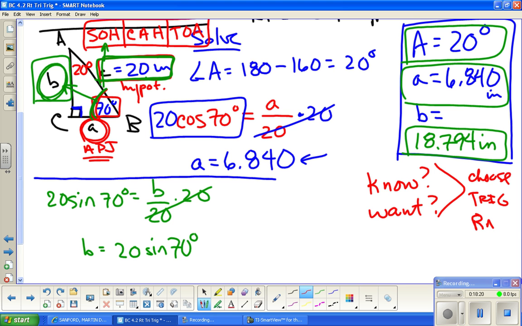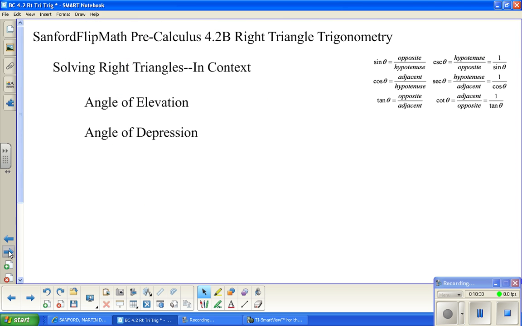Sometimes you will use the Pythagorean theorem, just don't use rounded answers to find other answers. Use the full answer. There's nothing wrong with that, you just need to be aware of it. Quick little note, and then we're going to do a word problem, and then we'll be done.